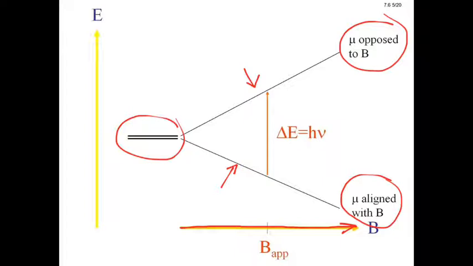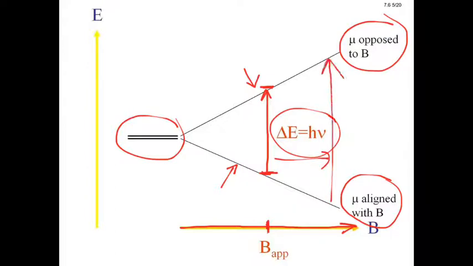And at this particular level of applied magnetic field, we're saying this gap is the difference between the spin down and the spin up states, okay? And that's equal to Planck's constant times the frequency. But you can see that that gap widens, gets bigger as the externally applied magnetic field gets bigger as well.